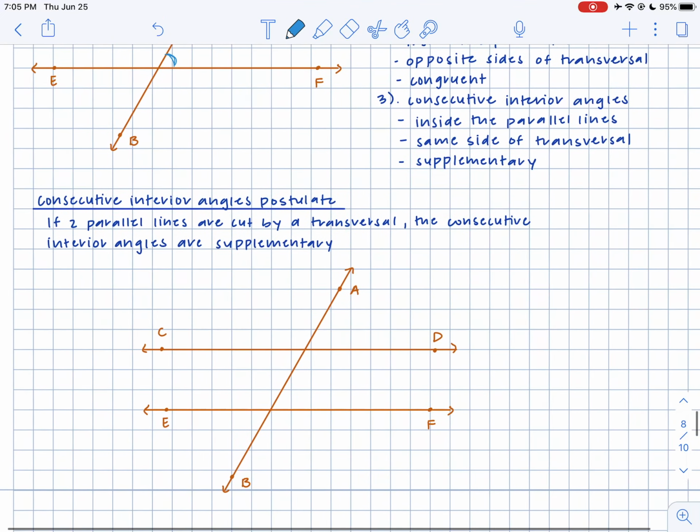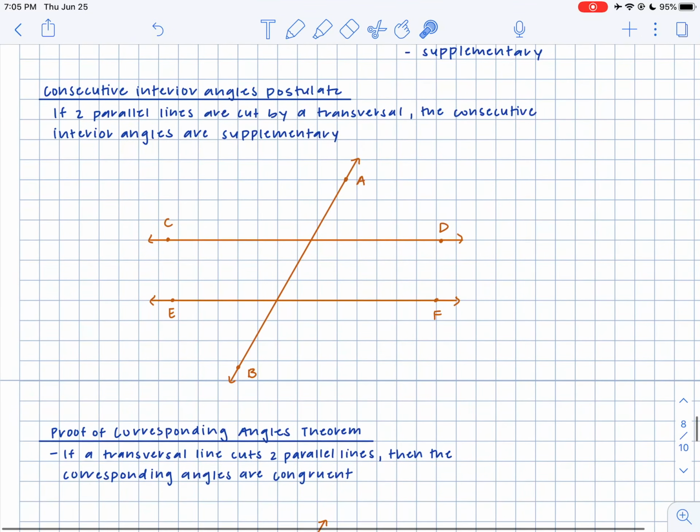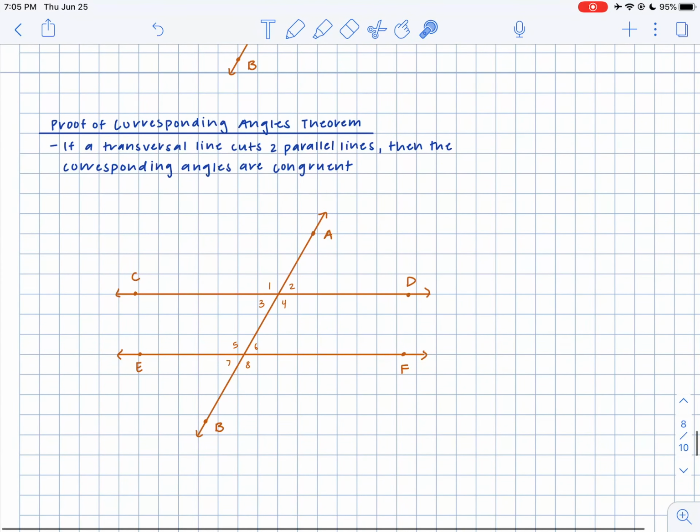So let's get into this postulate, the consecutive interior angles postulate. So this states that if two parallel lines are cut by a transversal, the consecutive interior angles are supplementary, okay? So this is a postulate and we can use it to help prove the corresponding angles theorem.